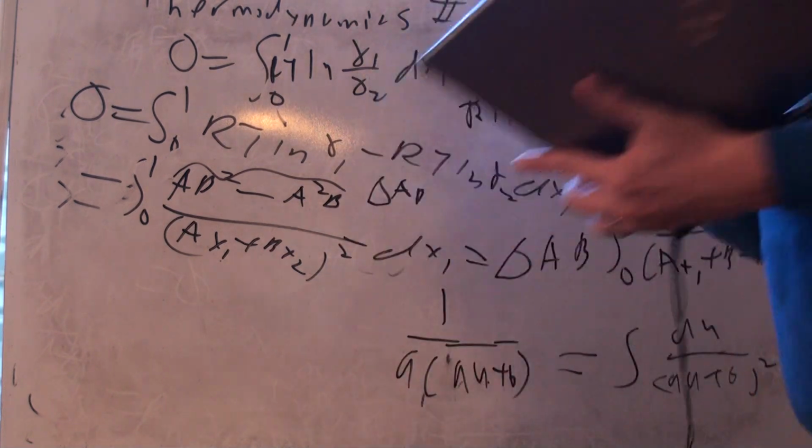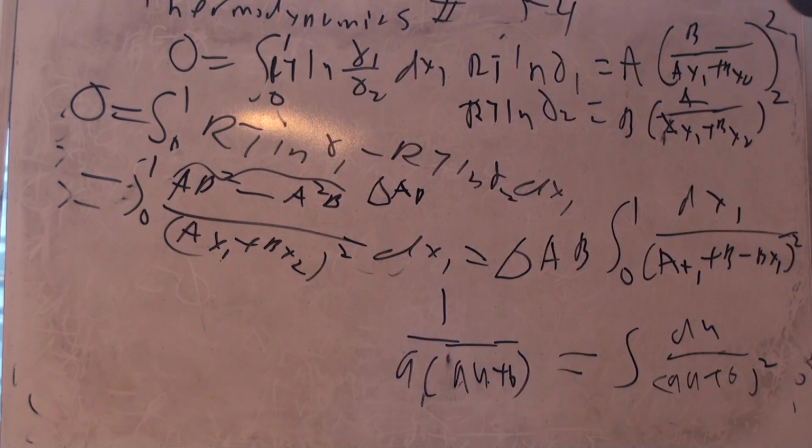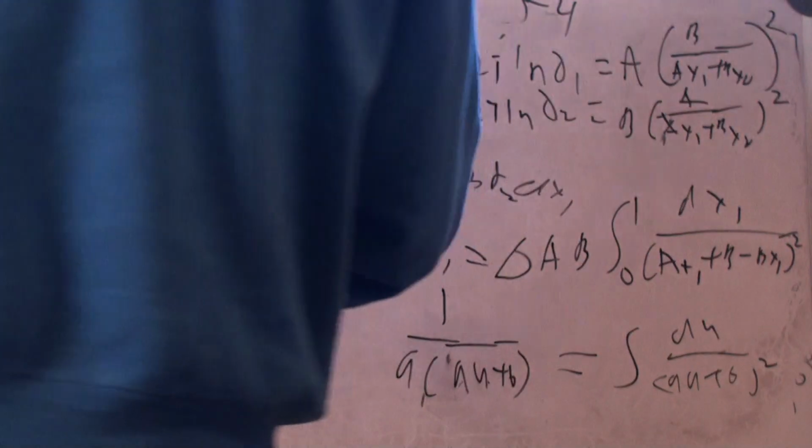Okay. Now I need to figure out how does that translate to my thing. So that's what I would give you. I'd give you this thing. Well, I have to figure out what that translates to.